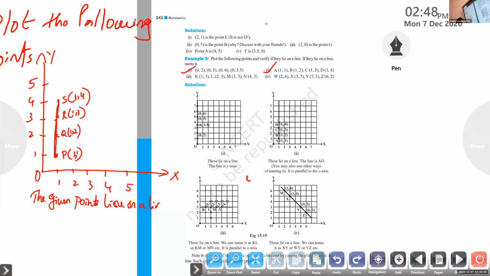If you wrote ABCD, no problem. And you can name the line here as line PS. If you wrote ABCD, you can write line AD.